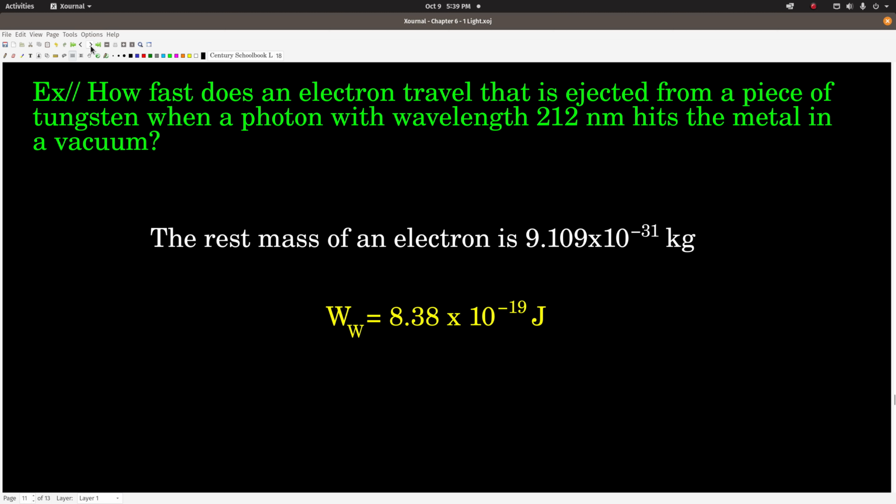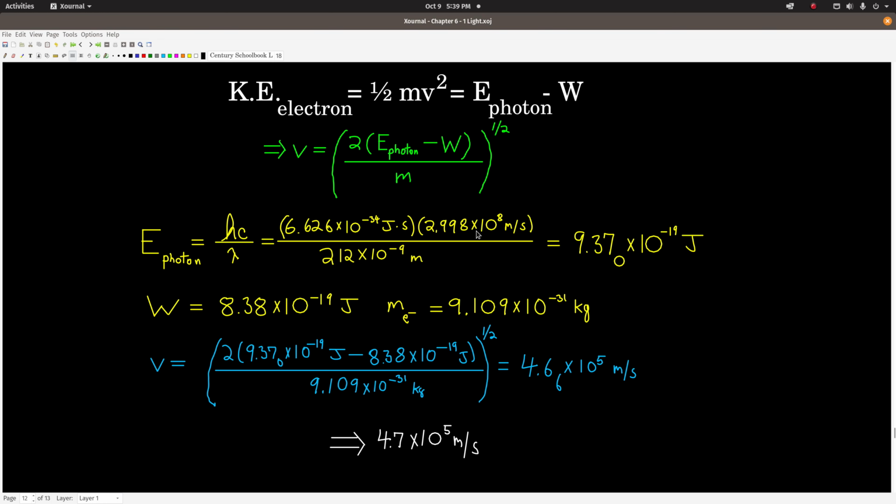Welcome back. So here's my work. There's the equation we used. What I did was I first rearranged this equation and solved for v, the velocity of the ejected electron. So I multiplied through by 2 times this whole thing divided by m, and then I took the square root of both sides. Then I said, okay, so I need the energy of the photon, and that's equal to hc over lambda.